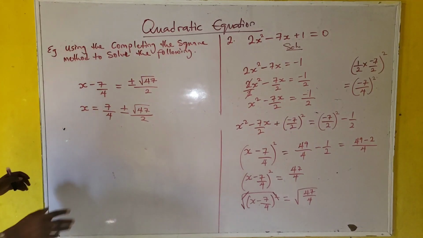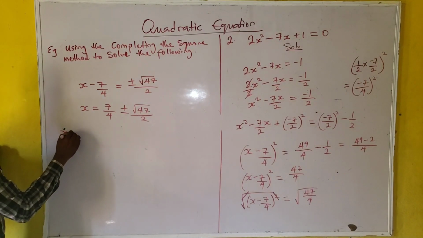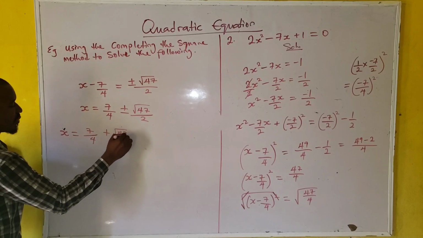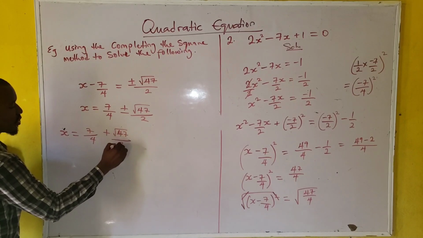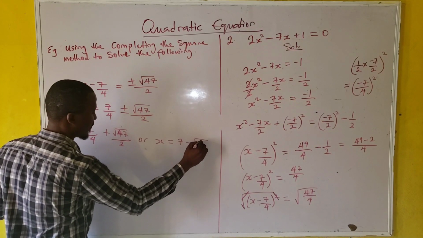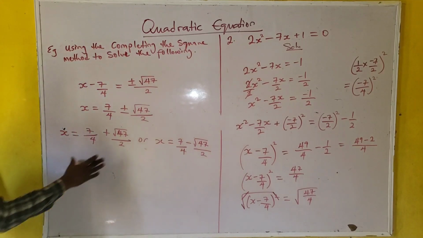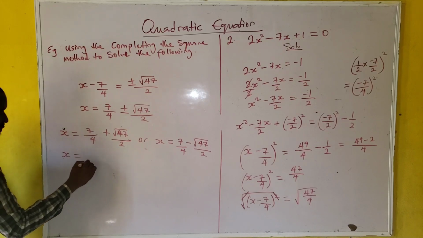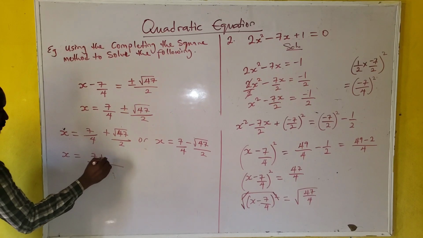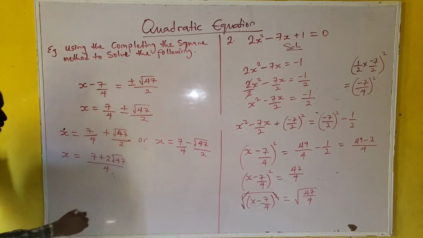Okay, so the next thing now is to split this plus or minus, then simplify. That will give us s equals to 7 over 4 plus square root of 47 over 2, or s equals to 7 over 4 minus square root of 47 over 2. So take LCM here, that will give us 4. 4 divided by 4, 1 times 7, 7, plus 4 divided by 2, 2 times 2 is 2 square root of 47.